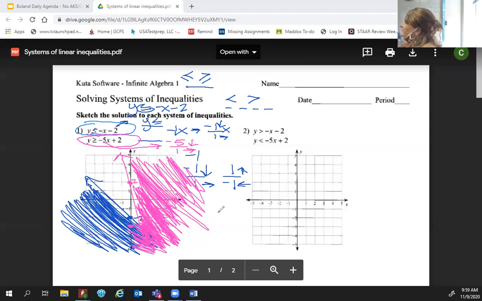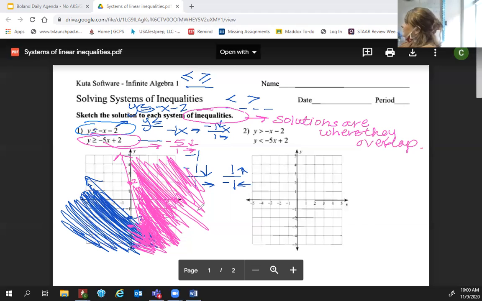Usually with systems of inequality or with systems of equations, where is our solution? Where they intersect. Is that the case with inequalities? No, this is where inequalities, the solutions are where they overlap.